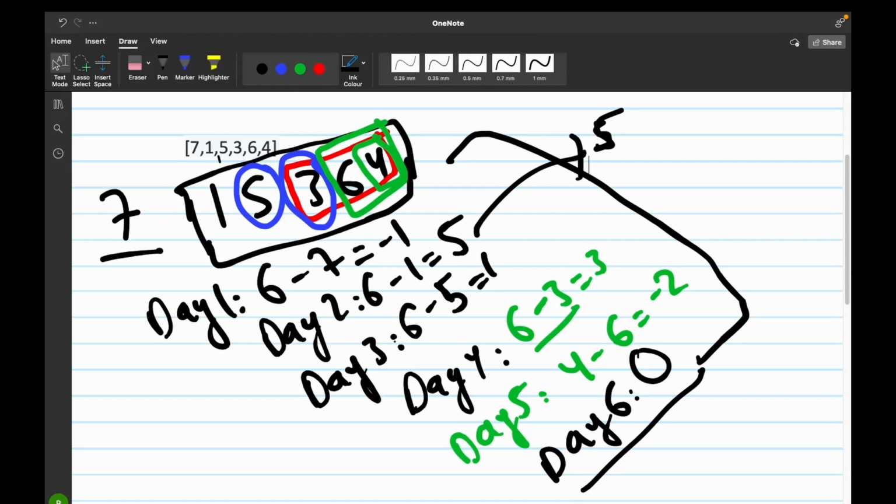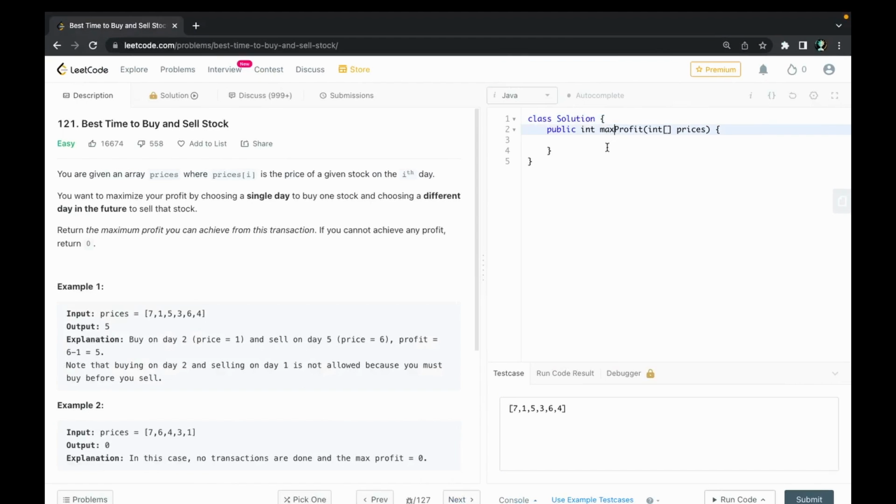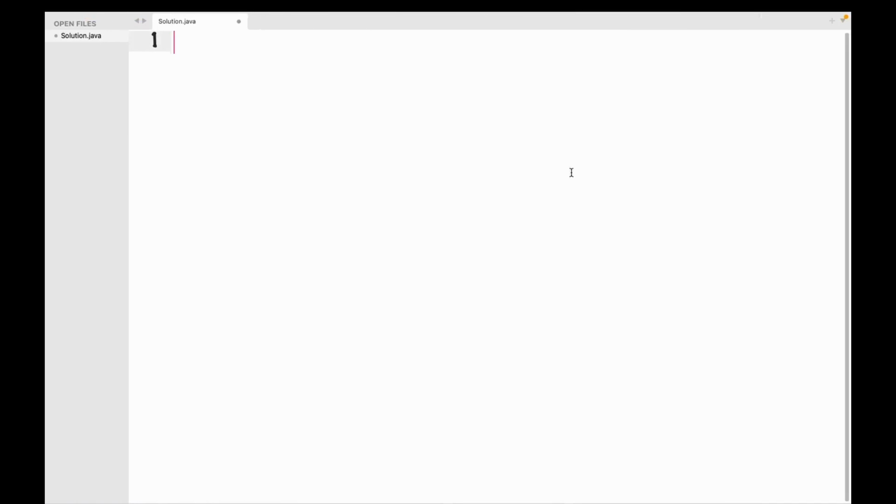Now let's see how we would implement this approach in our code. For that, let's first copy this template and take it to our editor.